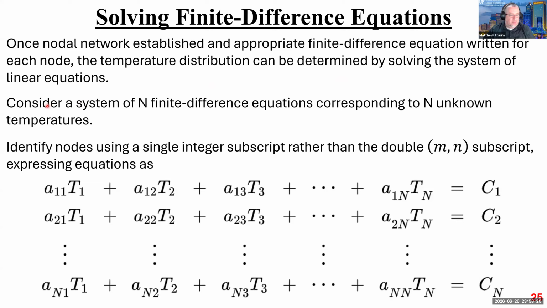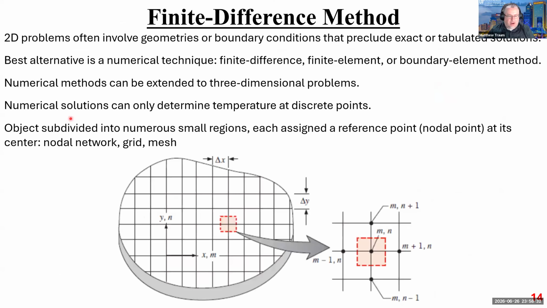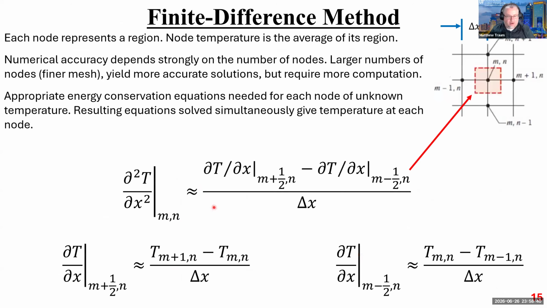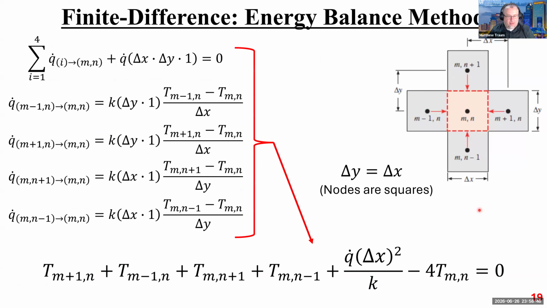So we're going to consider a system of n finite difference equations corresponding to n unknown temperatures. This is just some object like this. It has a whole bunch of different nodes. I don't know the temperatures of any of those nodes, but I can write equations for each one of them, like this equation for the temperature of this node, and I can write them all simultaneously.